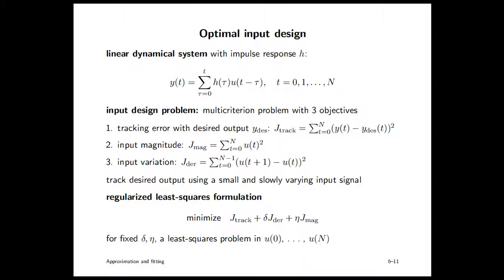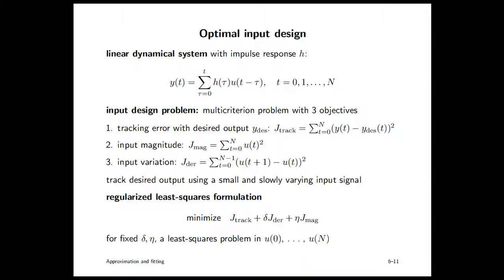Here is an example of the optimal input design. The goal of this objective is to choose the input sequence u to achieve several goals. For example, we can check the error with the desired outputs.